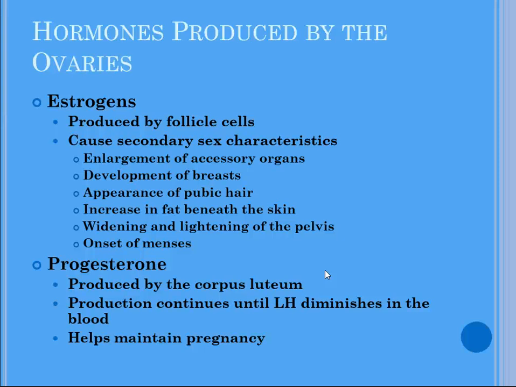Its production will continue until luteinizing hormone diminishes in the blood, and we'll talk about that when we talk about menses in just a second. This helps maintain pregnancy, by the way. So when a female gets pregnant, it's the progesterone that keeps that pregnancy going.